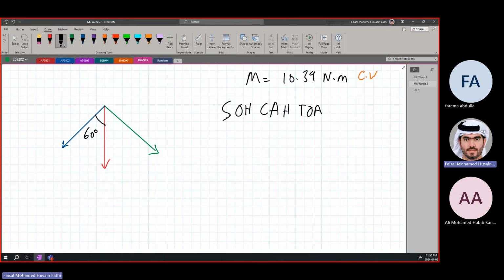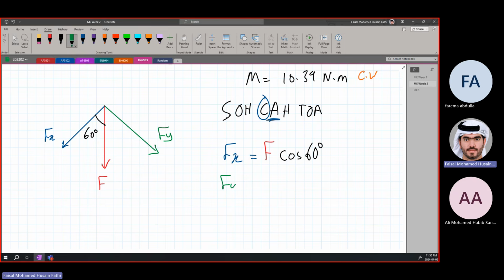We would rearrange this triangle so that we complete the triangle, do the analysis, find the angle, and use SOH CAH TOA. But a shortcut method is this: if this is Fx, this is Fy and this is F. The angle is adjacent to Fx, so Fx is equal to the force F times cosine of 60 degrees.